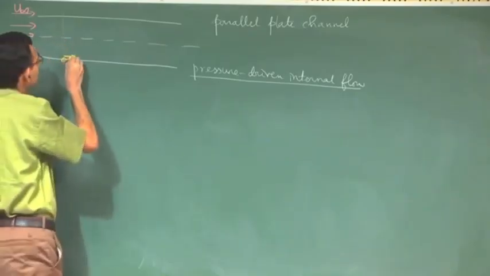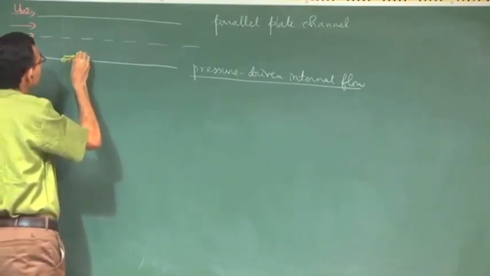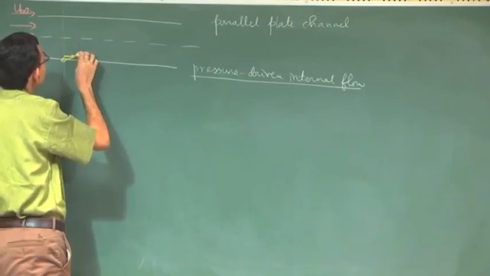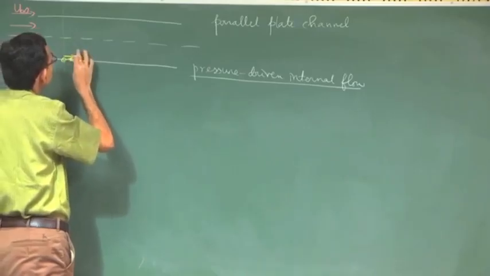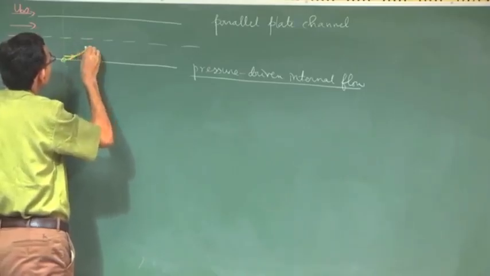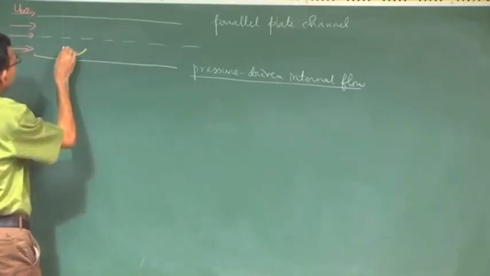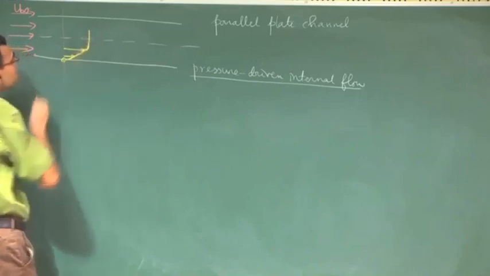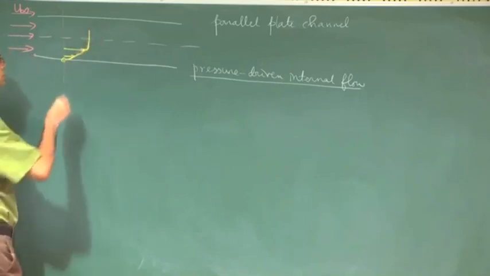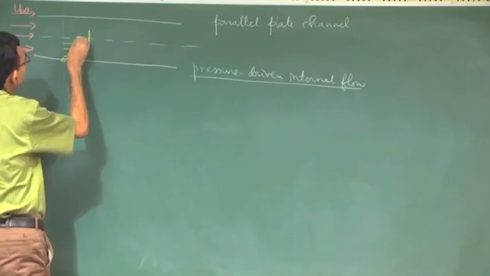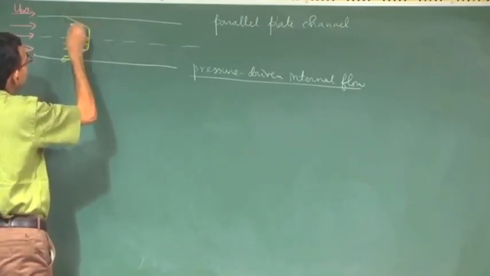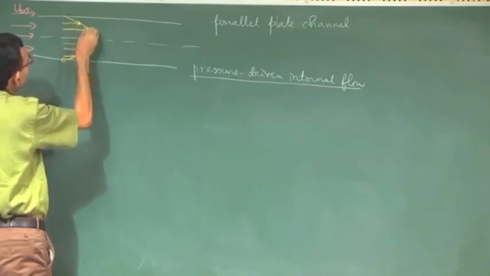In this way, it will come to a state when the velocity will become its maximum, and then it will not further change. If the boundary condition is symmetric, here also no slip, the same thing will happen on the other side.